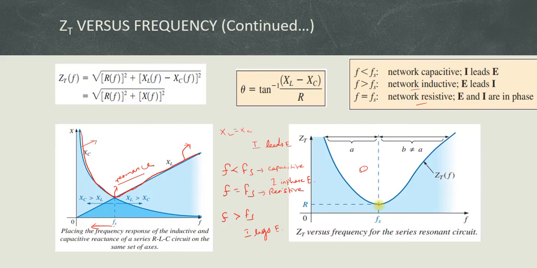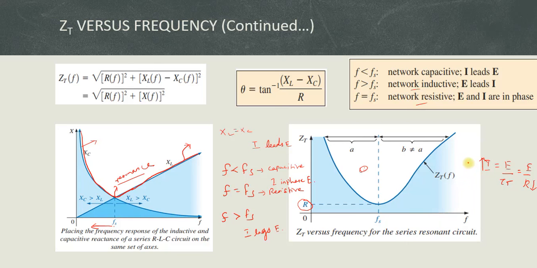This is the resonant frequency. At resonant frequency, my impedance is a minimum value which is equal to R. So at resonant condition my impedance is very low. We know that my current I equals E by ZT, which is equal to E by R. So whenever my impedance is at minimum, my current is at maximum.